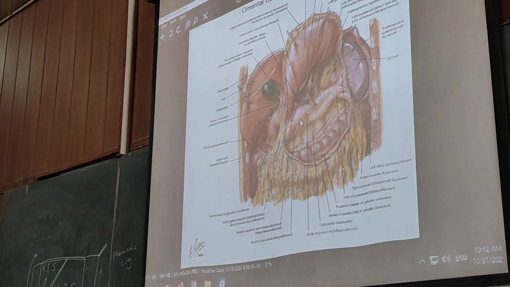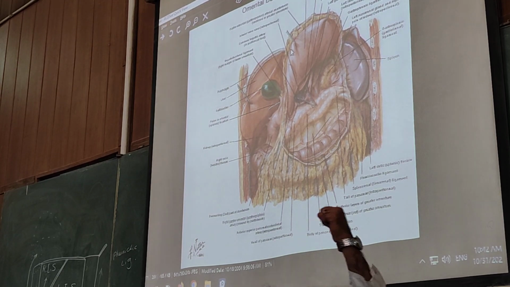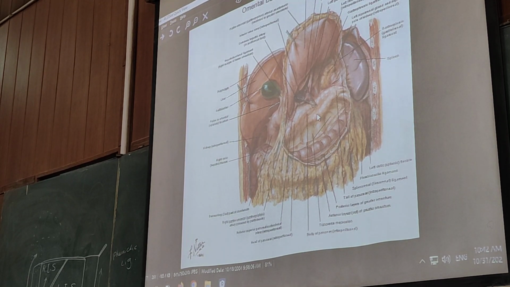Now here in this picture, he made a cut through the greater omentum at the region of the stomach, as you can see here, and pulled up the stomach to show you the bursa omentalis. Bursa omentalis below is limited to this attachment, the meso of the transverse colon, and superiorly it reaches to the liver and the esophagus.